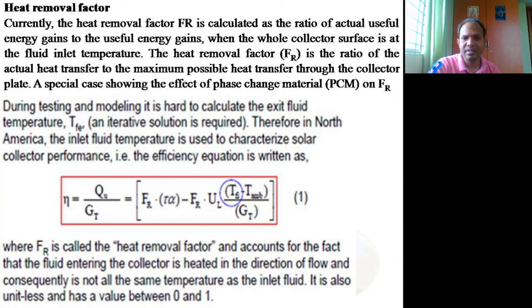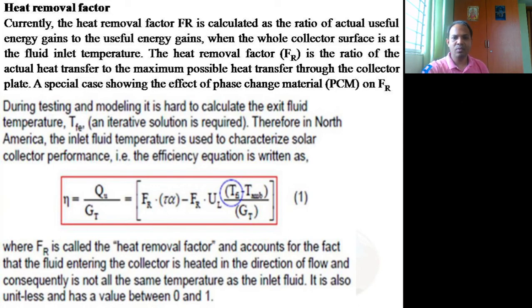Is it clear? This is TFE, which is nothing but the exit fluid temperature, minus the ambient temperature, divided by GT. By incorporating this heat removal factor, the expression has changed.